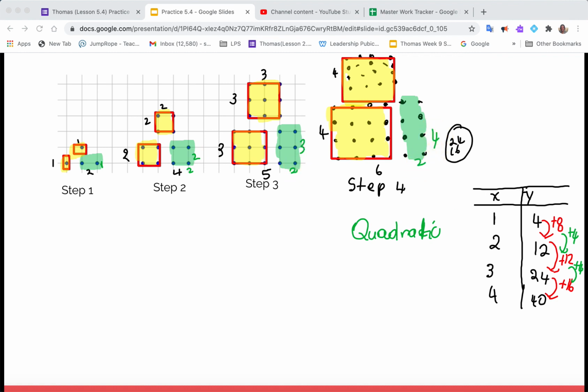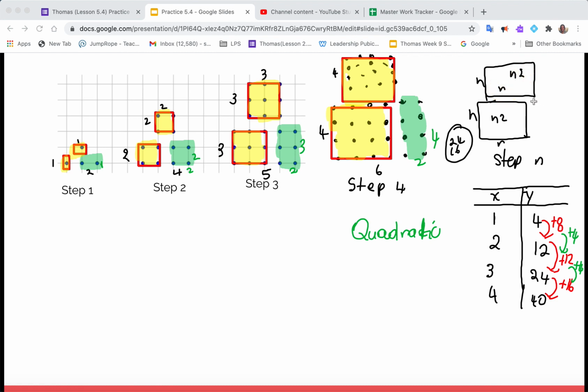So if I were to draw the pattern for step n, this is what it would look like. I would have an n by n, which gives me n squared. I'd have another n by n, that's n squared.